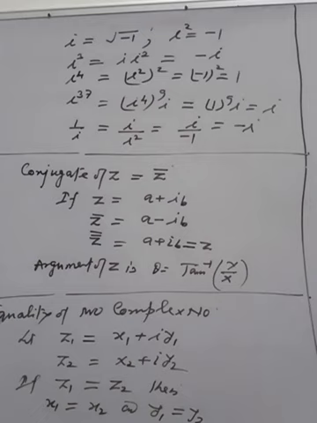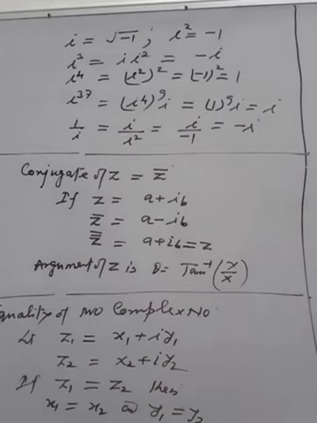So z double bar, when you change the sign of imaginary again, is a plus ib, that is z. And argument, from the figure the value of theta. So tan theta is y by x, then theta is equal to tan inverse y by x. This value theta is known as the argument of z or amplitude of z.